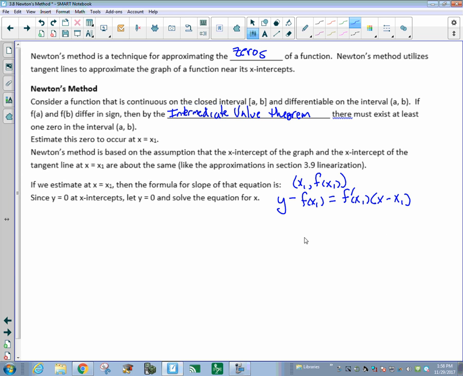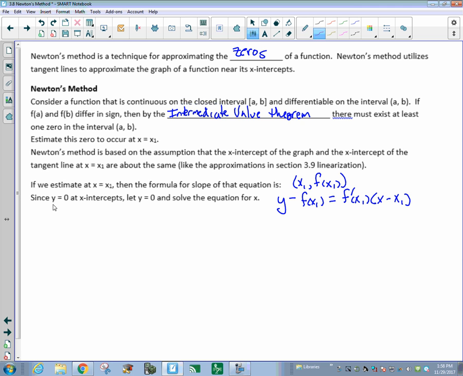That will give us the equation we'll use over and over again, the place where our tangent line approximation crosses the x-axis. I have some graphs that I can show you in just a second.